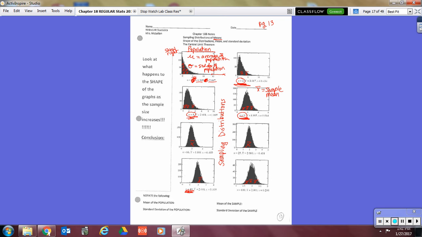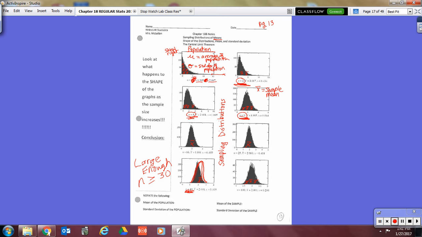Our textbook says 30. So our textbook says to be large enough, you need to have samples of size greater than or equal to 30. And if your sample is greater than or equal to 30, then you will go from a messed up population to a unimodal and symmetric or normally shaped sampling distribution.